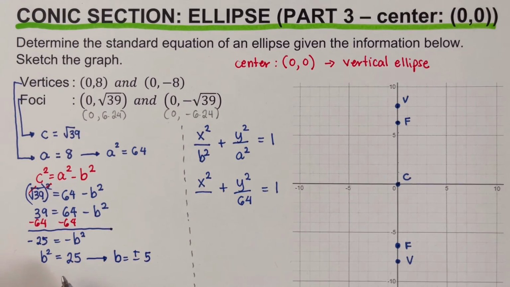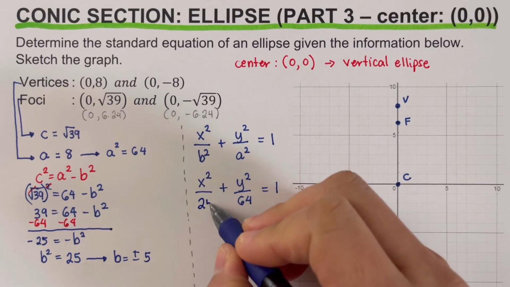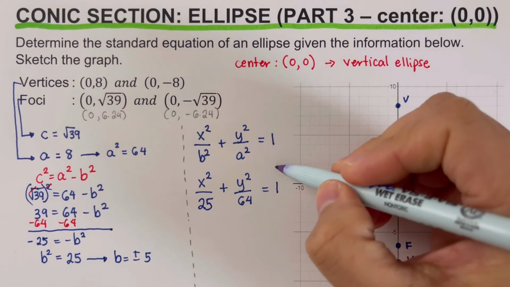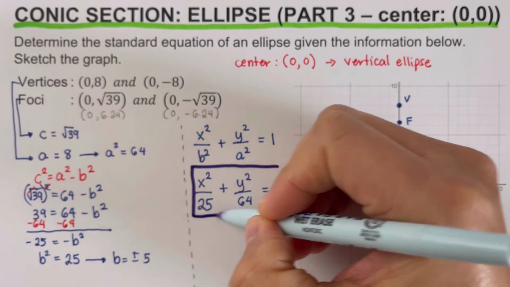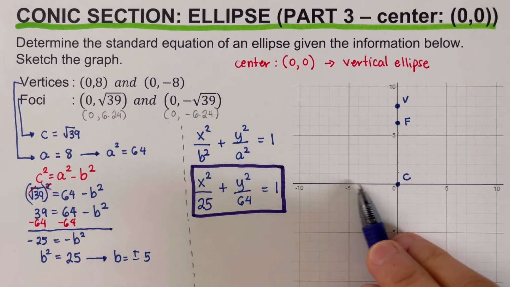We already have a value for b squared, so we plug that in here. This is 25. So this is the equation for the problem up there. The b value is plus or minus 5. This represents the co-vertices, so we go 5 to the left and 5 to the right.